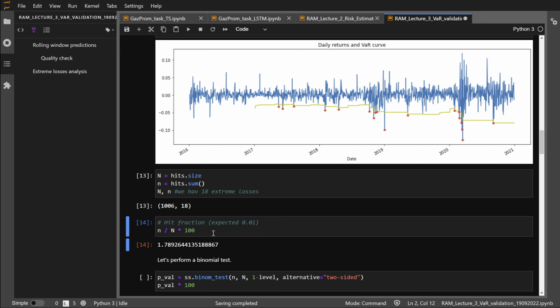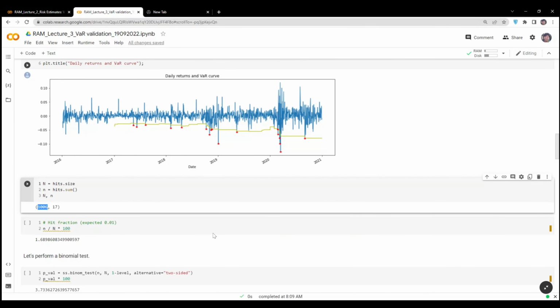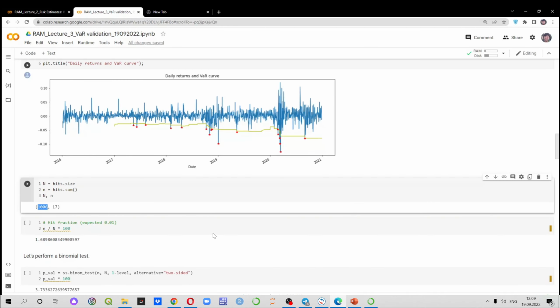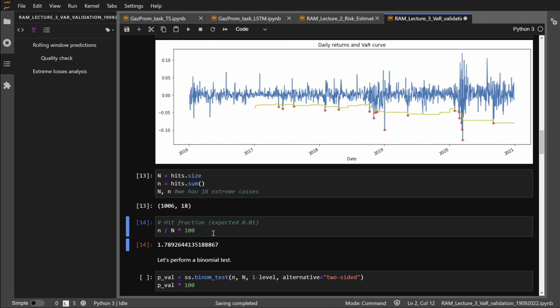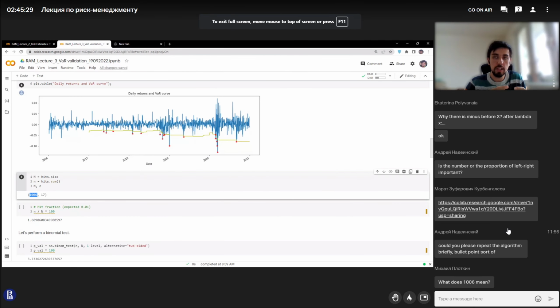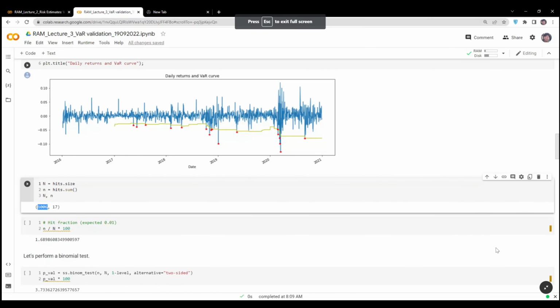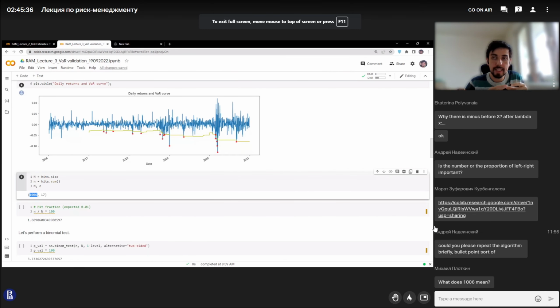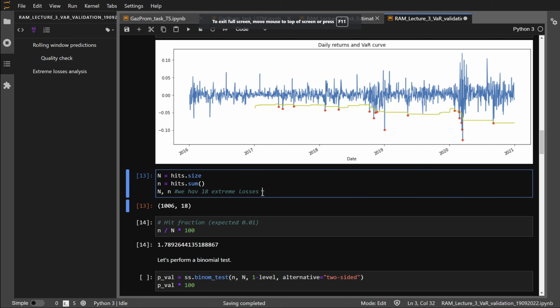I'm trying to collect as much data as I can of pairs of observations: a prior estimate of value at risk for the next day, and actual realized losses from holding the portfolio over 1 day. So I have 106 days when I had the distribution, when I have a value at risk estimate, and when I observe actual loss.